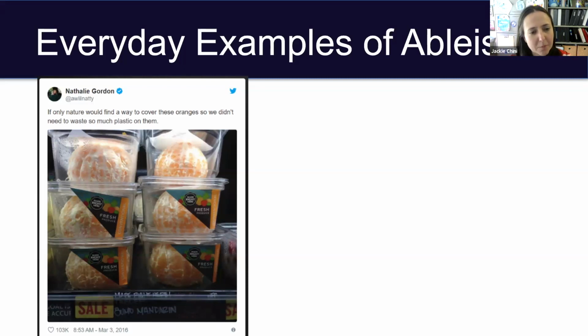And the idea here being that the tweeter was not considering a person who may not be able to, due to the dexterity in their hands, peel the orange themselves, and that providing the orange in the plastic container creates access for a person who may not otherwise have access.